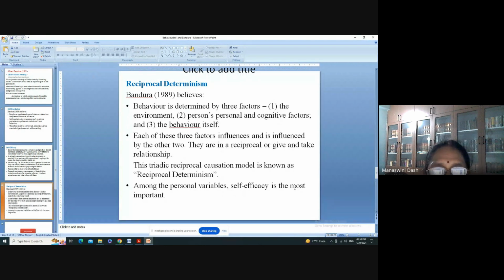Reciprocal determinism. Bandura believes that behavior is determined by three factors. First, the environment. Second, the person's personal and cognitive factors. And third, the behavior itself.